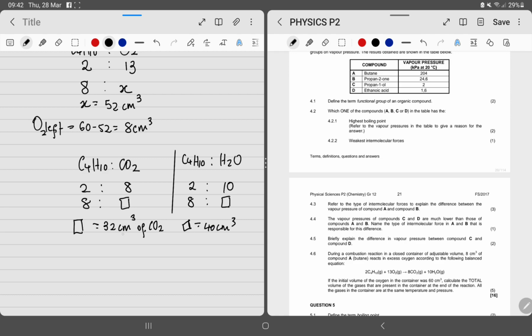So I am going to form 32 cubic centimeters of carbon dioxide and 40 cubic centimeters of the water. Now it means that the total volume of the gas is going to be the oxygen that is left, which is 8, plus the 32 of the carbon dioxide, plus the 40. So this is going to be 80 cubic centimeters.